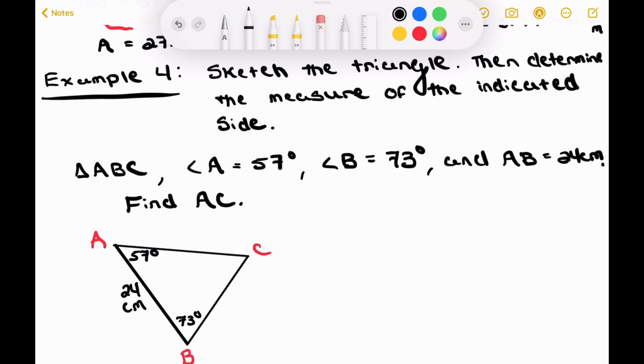What we need to do is, it's always important, if we know we have two angles, let's use those two angles to solve for that third angle, because oftentimes that helps us solve our problem.